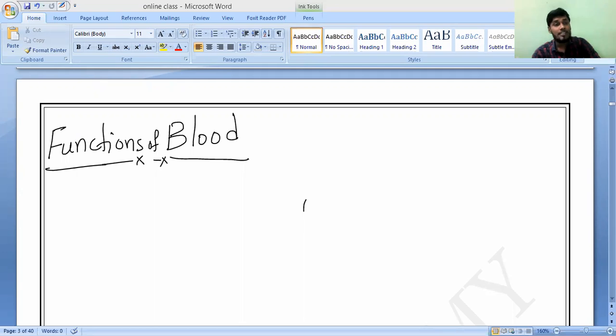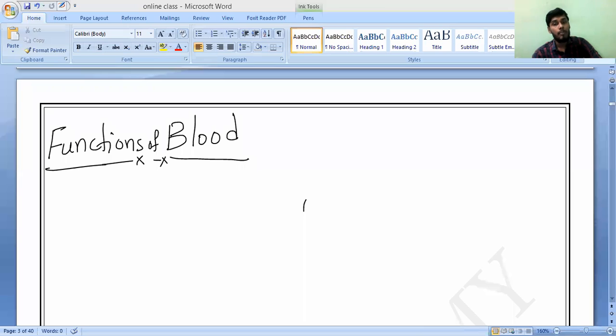Same way, waste products. Who is carrying waste products like carbon dioxide, urine and all? Blood only. Who is carrying hormones? Blood only. Who is carrying enzymes and ions synthesized in our body? Everything is carried by blood only. Do you understand?